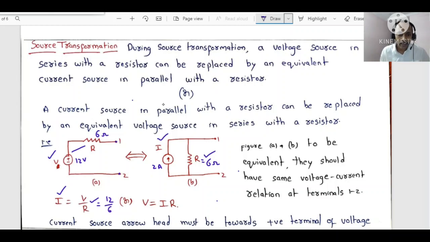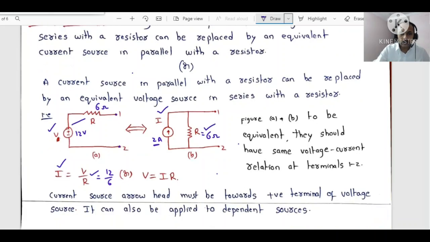The value of voltage must be equal to the current that is parallel to this element times this parallel resistor, I into R. As this is a simple circuit, it is very easy. While doing the problems, you will understand how to do it in a step-by-step manner.